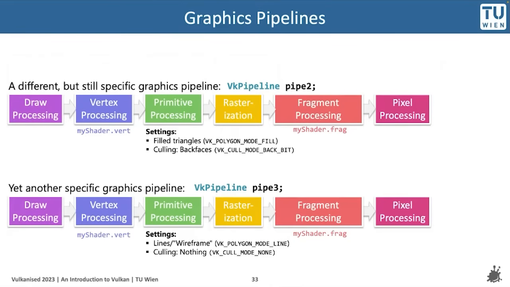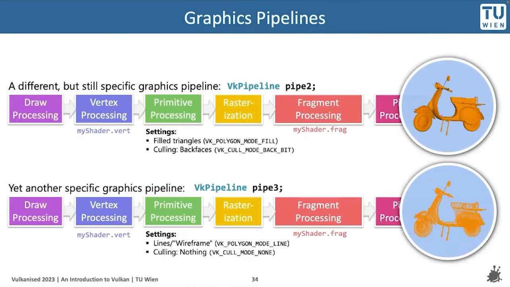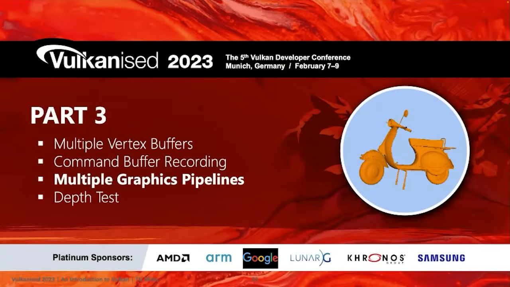In this example, we have 1 pipeline created for drawing filled triangles and culling the backface. And this would look like this. Then we have a second pipeline that only draws lines and does not cull anything. And it would look like this. We will do this in part 3 then.